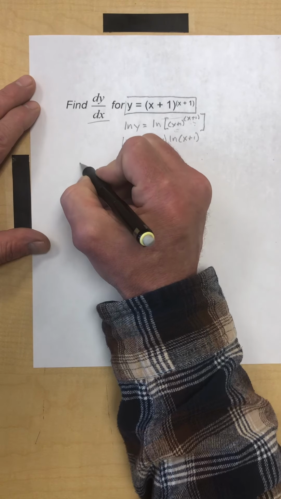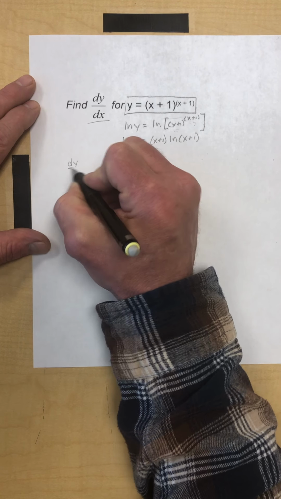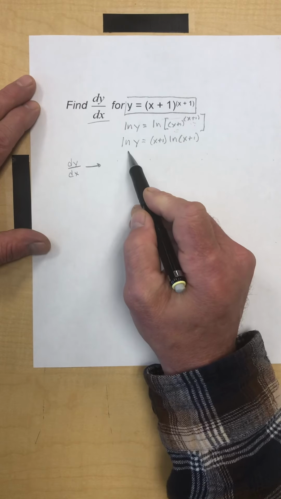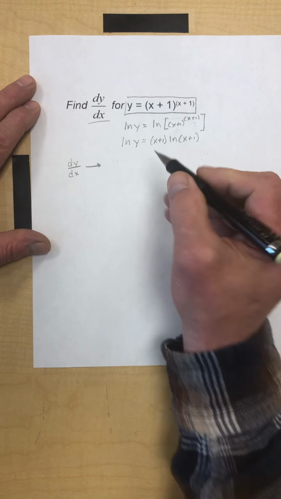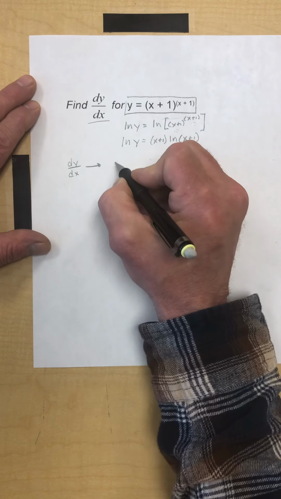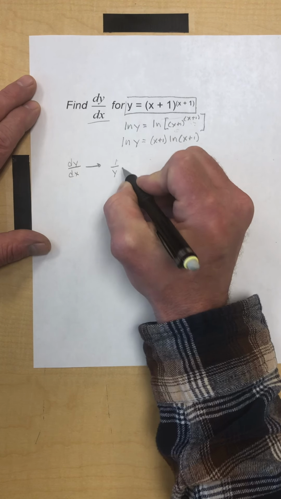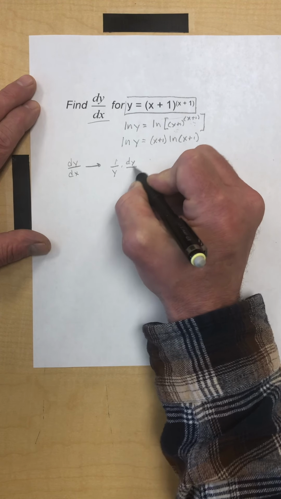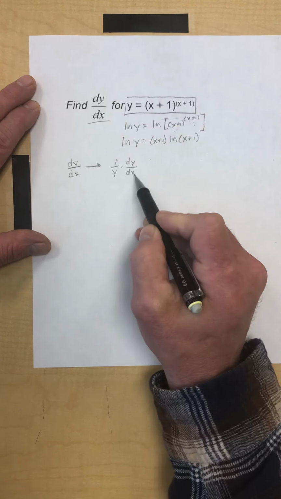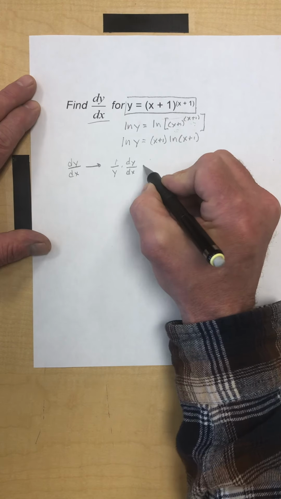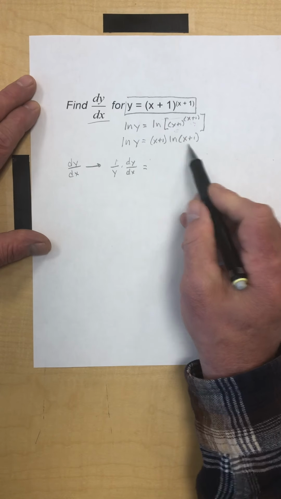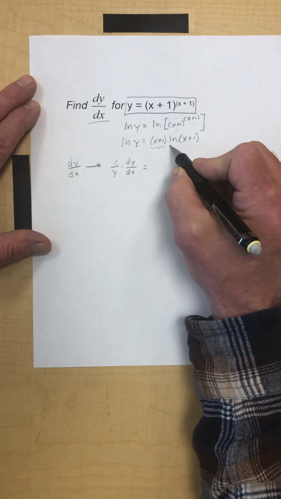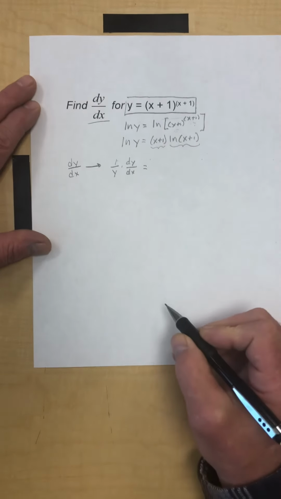Okay, so now that I take my dy dx, differentiating the left-hand side, well, the derivative of the natural log of y is 1 over y times the derivative of y, which is dy dx. And obviously, that's what we're looking for. On the right-hand side, you have to use the product rule, okay? Here's your first function, here's your second function.